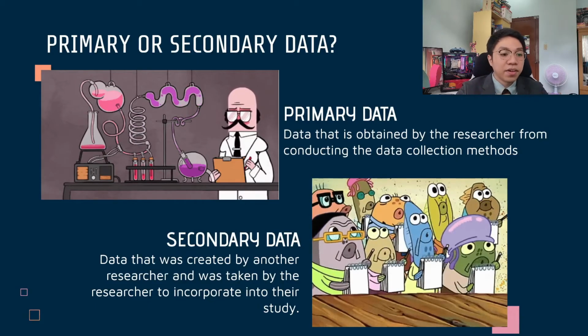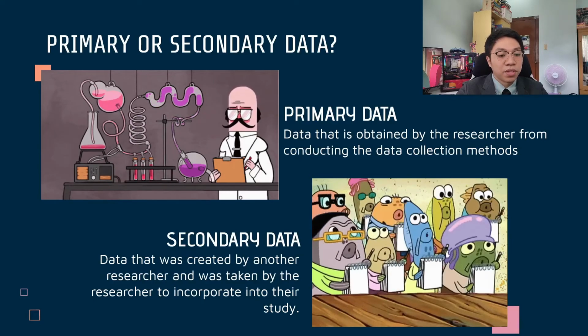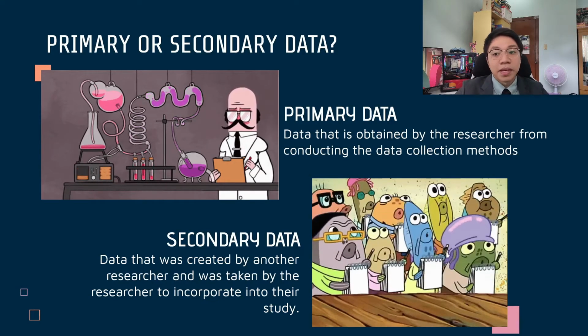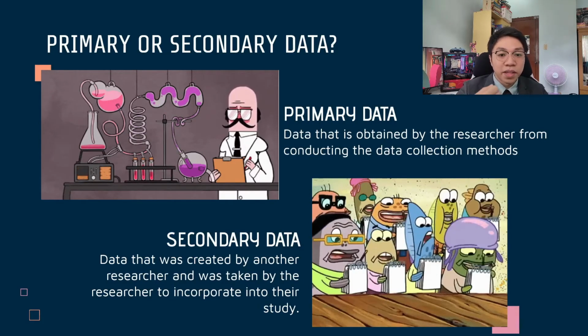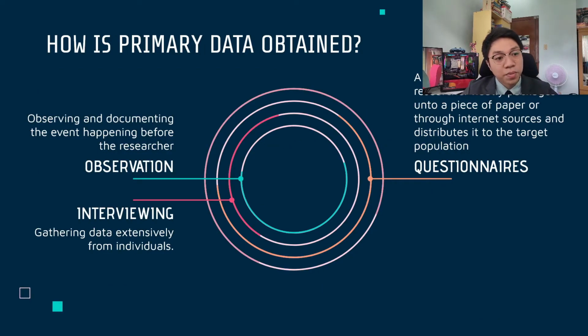Secondary data, on the other hand, is data that was created by another researcher and was taken by the researcher and incorporated into their study. An example would be referencing data from a government agency and using that data for your study.